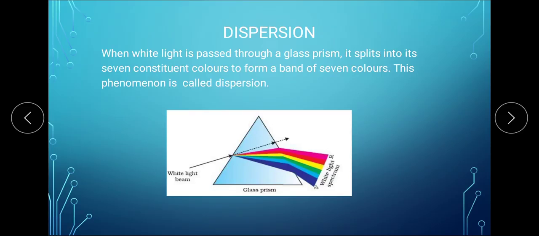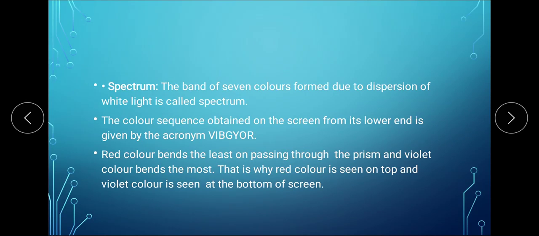So, whenever white light passes through a glass prism, it will split into its constituent colors. And the band of these 7 colors, which is formed due to dispersion of white light, is called spectrum. And the color sequence obtained on the screen from the lower end is given by the acronym WIBGYOR.